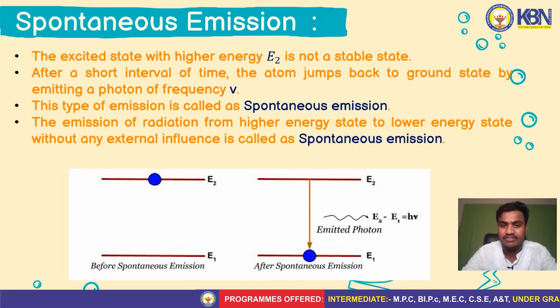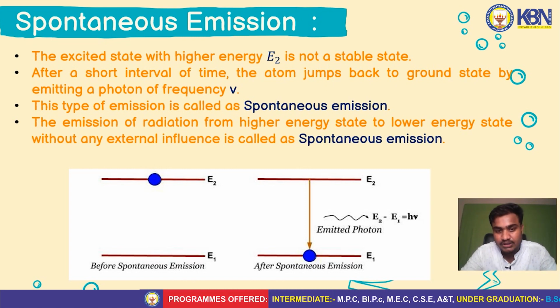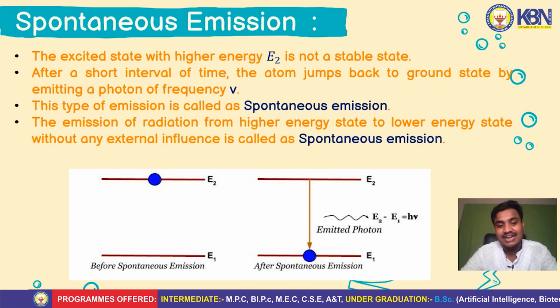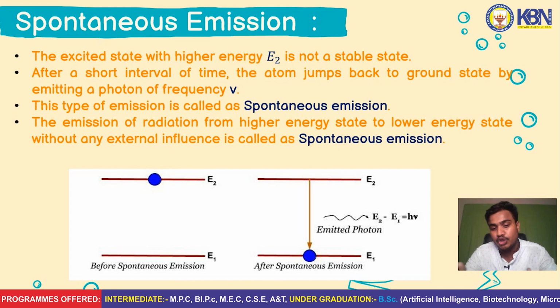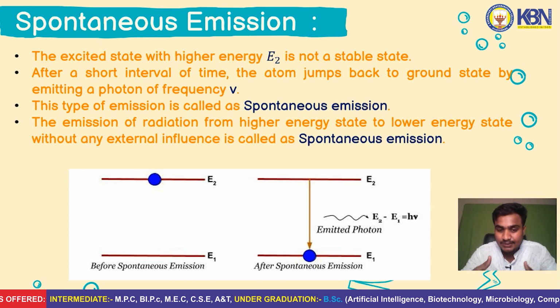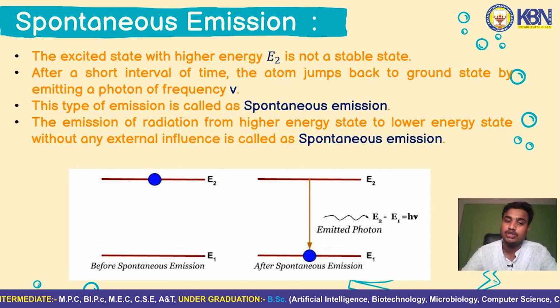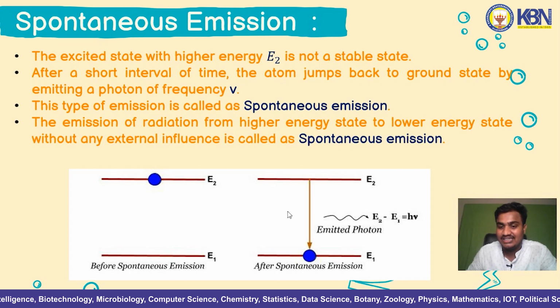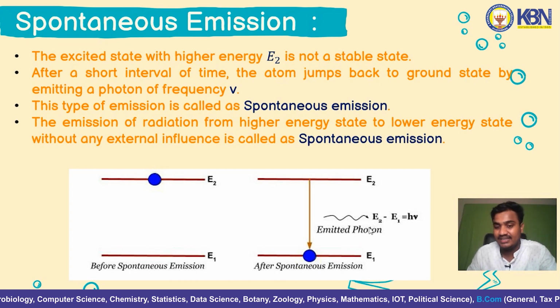After a short interval of time, the atom jumps back to the ground state by emitting a photon of frequency mu, the same frequency which was absorbed when it went to the higher energy state E2. It is the same energy which is absorbed that it is emitting.